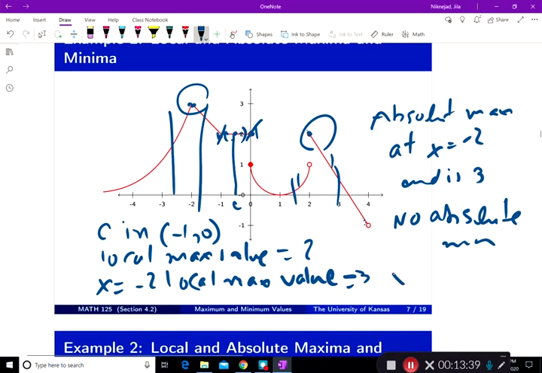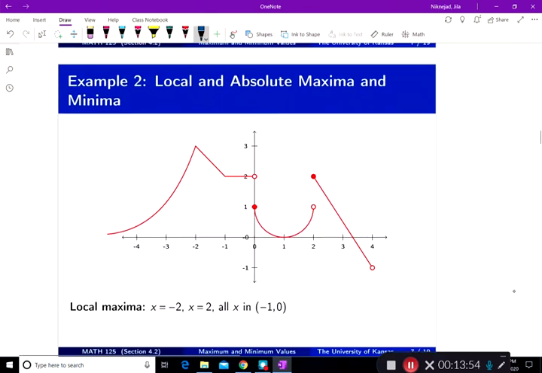For x equal to 2, local max equal to 2. How about local min? Let's move on to the next page and talk about local min.